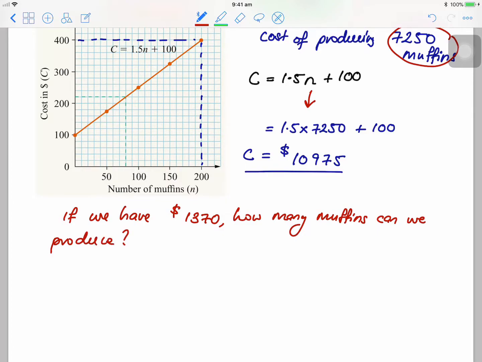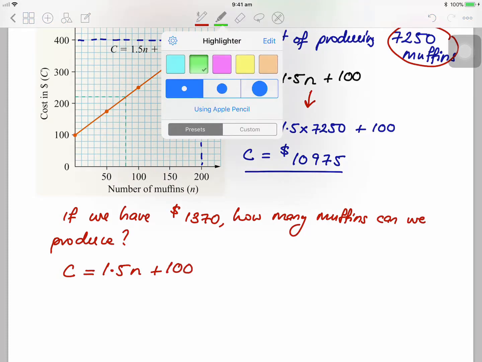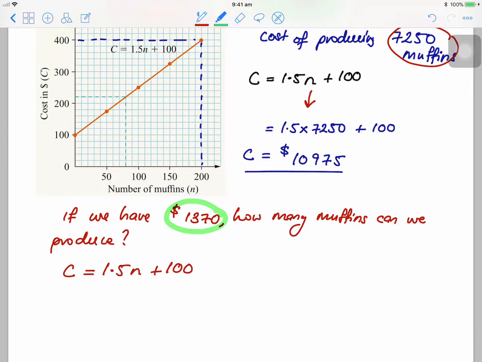Well, the original equation had that cost was equal to 1.5 n for the number of muffins plus 100. In this case, I have prescribed for you 1370 as a value for C. So we're going to use the equation in reverse. This time we're going to replace a value for the money, which is 1,370 equals 1.5 n plus 100.